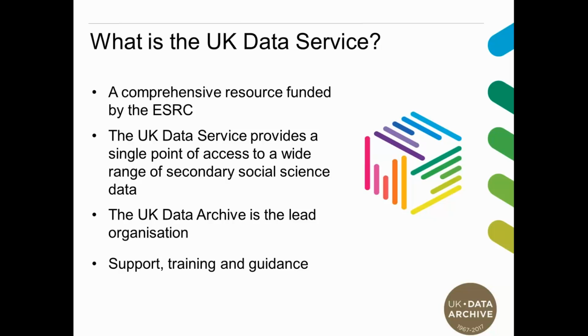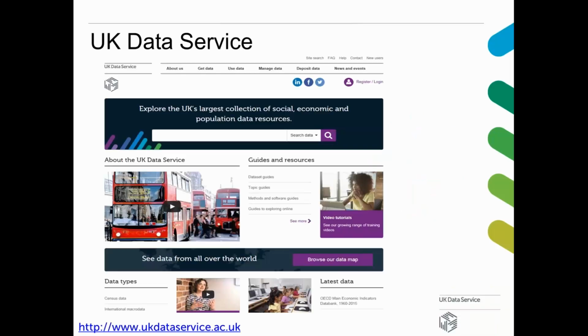Now, the UK Data Service provides a single point of access to a whole host of different social science data. But as well as that, we provide support, training, guidance, webinars like today's, and also a whole host of face-to-face events throughout the year. This is what the homepage for our website looks like. If you haven't already, I invite you to spend some time having a look through the website.